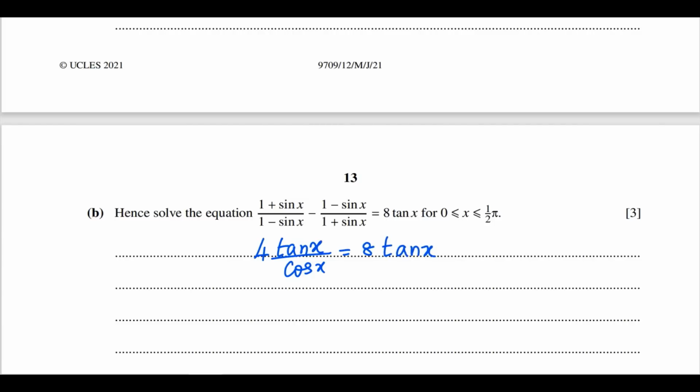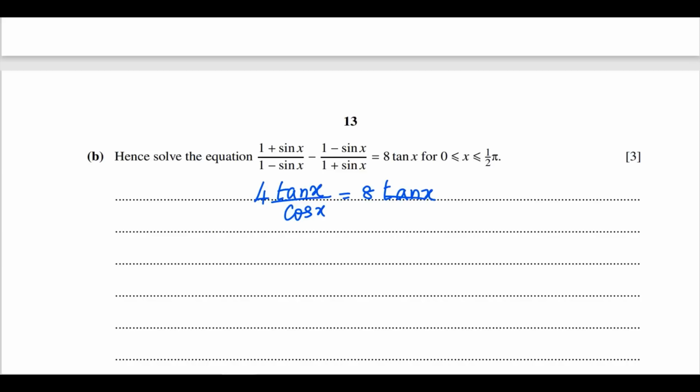Bring the tan x to the left hand side, and take it commonly also, tan x (1 over cos x − 2) equal to 0.